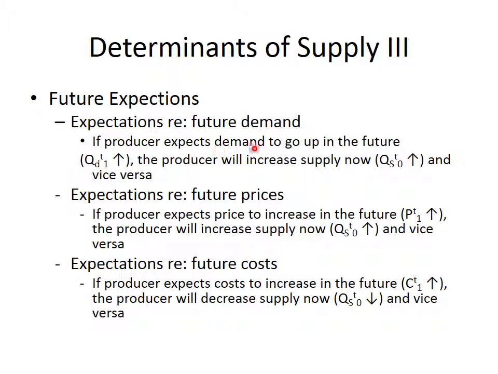So if we expect demand will go up in the future at time t1, we'll increase supply now, time t0. Now what that's going to do is push the supply curve outward, which means that the price is going to drop. Because the price drops, that's going to increase demand.